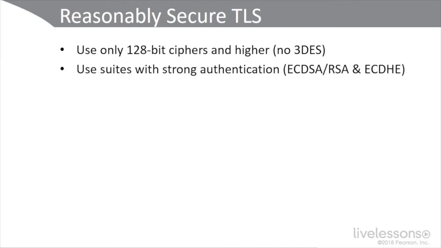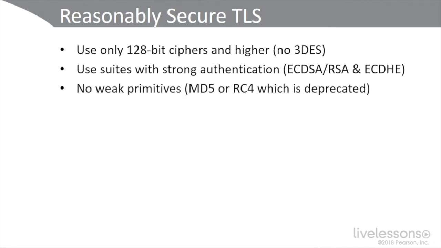We want to use suites with strong authentication. So that means elliptic curve DSA and RSA and elliptic curve Diffie-Hellman ephemeral, ECDHE. No weak primitives, okay? So no MD5 and no RC4, which is actually, according to the RFC, illegal to run with TLS on your web servers anyway.